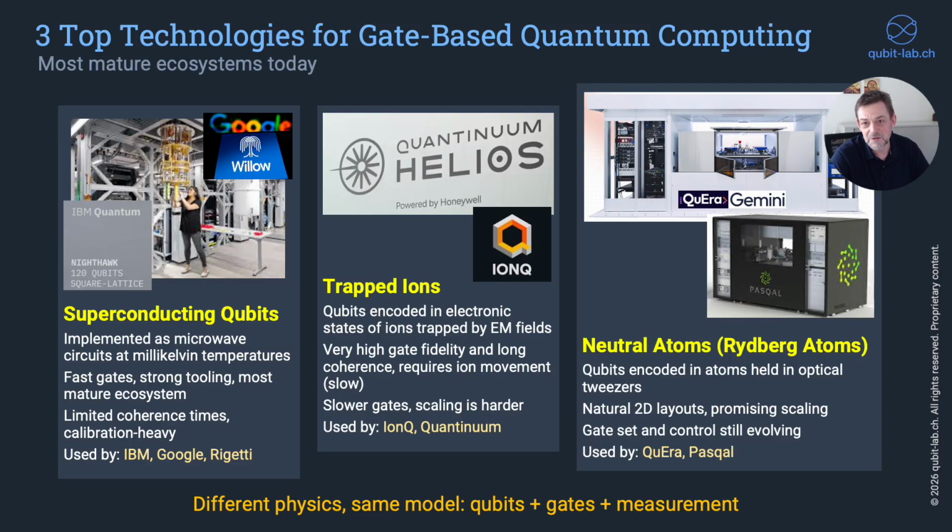Then there's the third one worth mentioning. This is neutral atom qubits. These are arrays of laser-trapped neutral atoms, where qubits are atomic states and gates are mediated by controllable atom-atom interactions, enabling large reconfigurable lattices. This is important because connectivity is also a critical point.